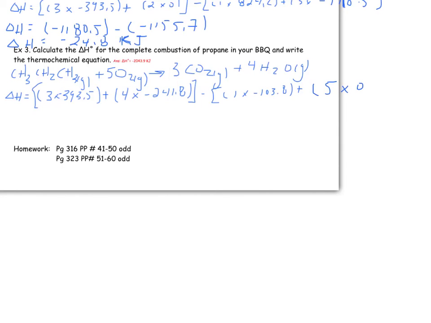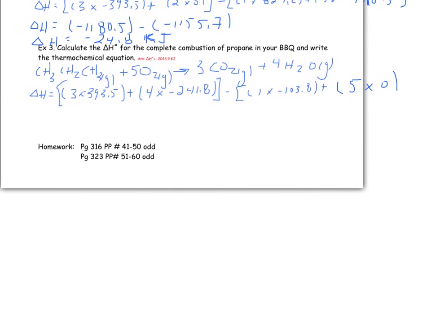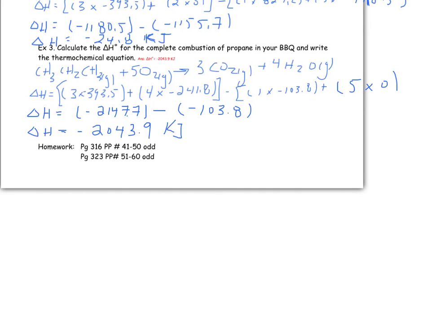Because oxygen is in its standard state, it has a delta HF of 0. My reaction is exothermic by over 2,000 kilojoules of energy.